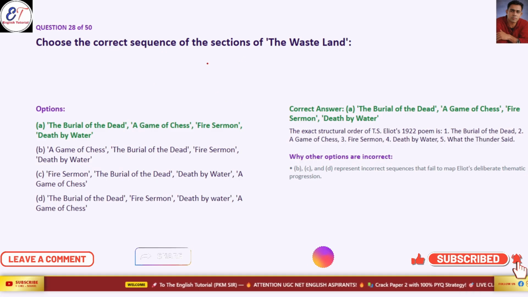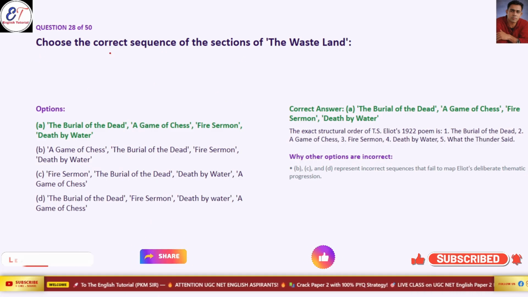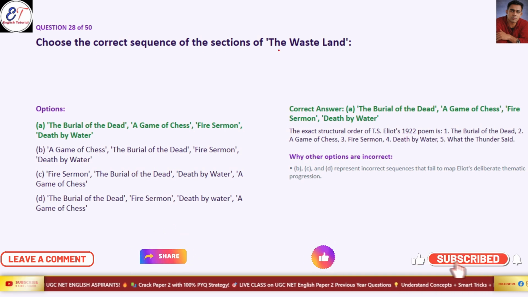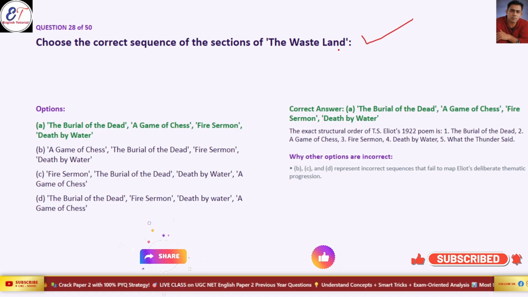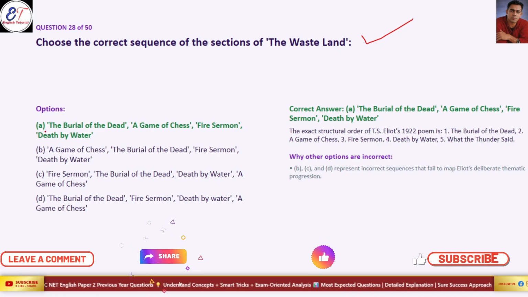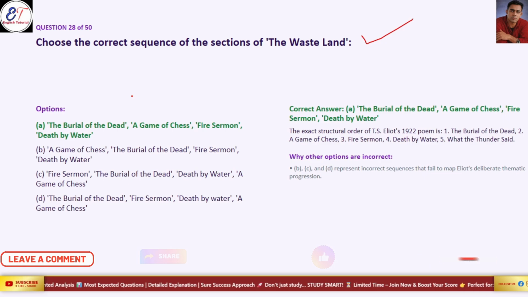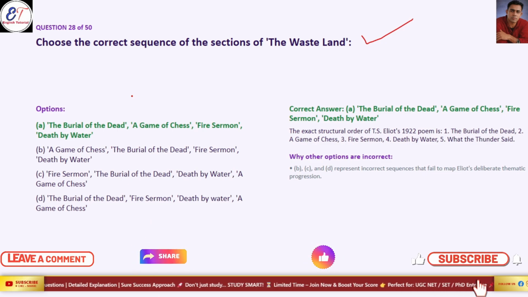Now let's see the next question. Choose the correct sequence of sections of The Waste Land. The Waste Land is a big poem with a title for each section, so we have to arrange the correct sequence.